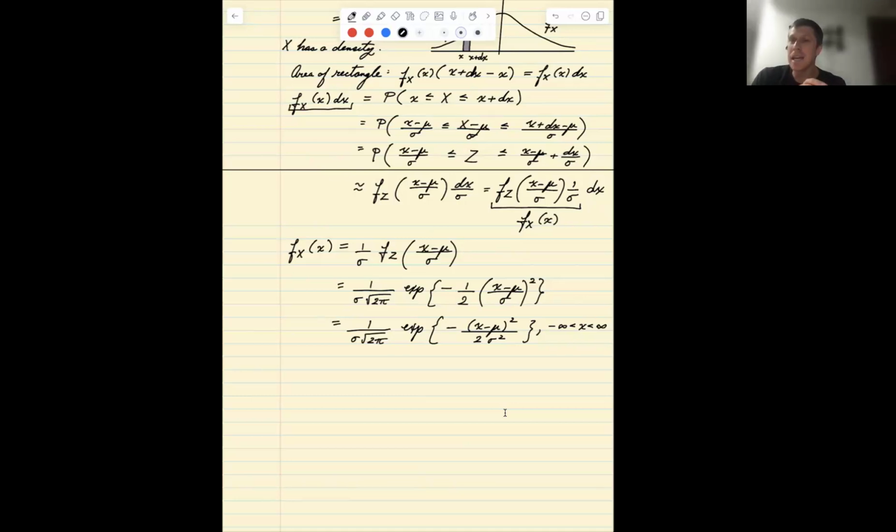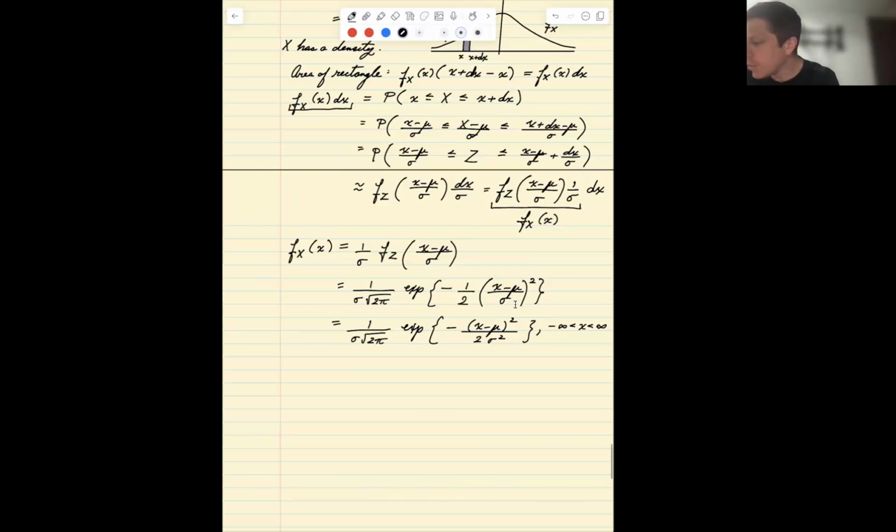There are many applications, many ways to use the normal distribution. We're going to see several of them throughout the course. What we'll go through right now are a few observations that we'll discuss later on.